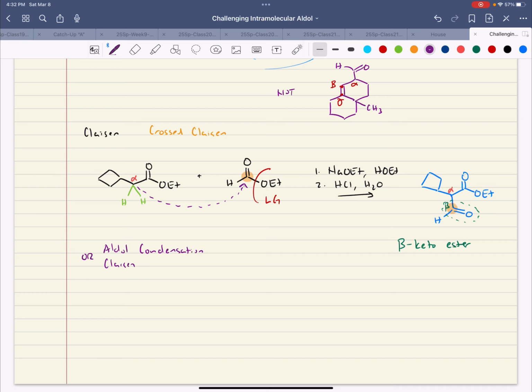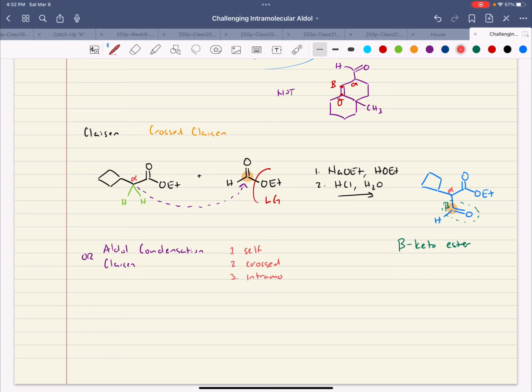So we call that condensation, when you make the double bond between the two carbons. So you'll have either aldol or Claisen, and either one of those could be a self reaction, a cross Claisen or cross aldol, or we started out with the intramolecular.